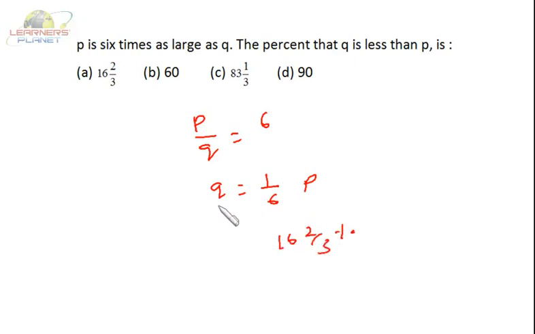That means Q is 16 2/3% of P. That means it is 100 minus 16 2/3, that is 83 1/3% less than P, isn't it? Or in other words, if Q is 1/6th of P, that means the difference between Q and P is 5/6, which is 5/6 into 100, that is 83 1/3%. Okay.